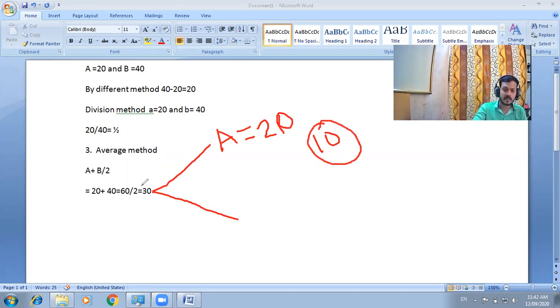What is our reference point? 30 is our reference point now. That is the average method. And person B's marks are equal to 40, so person B is 10 marks greater compared to our reference.